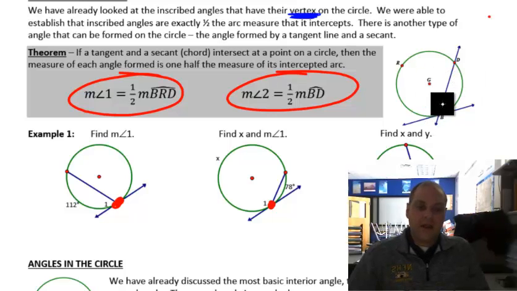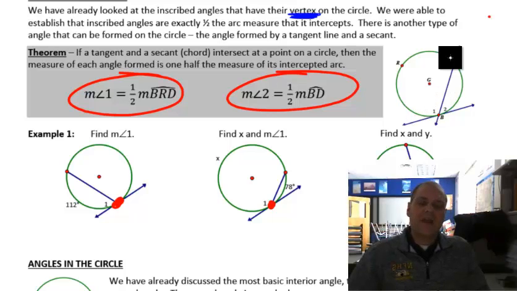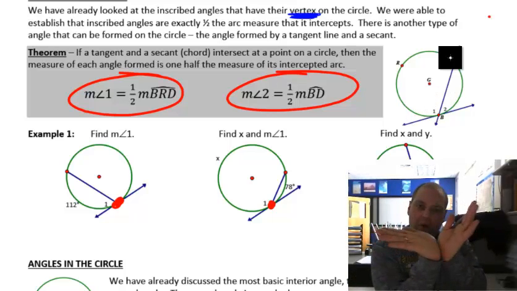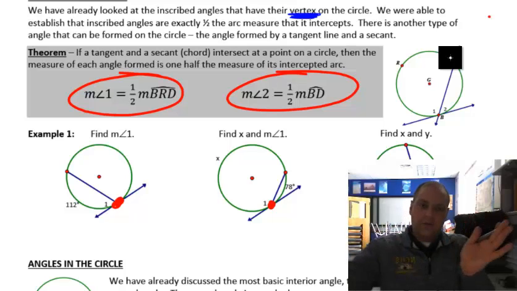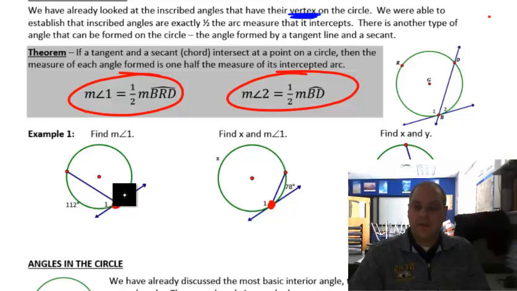If I'm talking about angle 1, it's going to be half of this intercepted arc. It's a major arc, and the other one was a minor arc. It's kind of like inscribed, only one ray goes outside, or it could be a tangent.